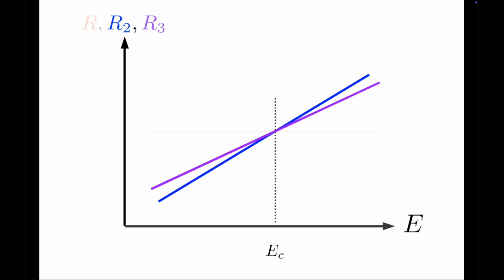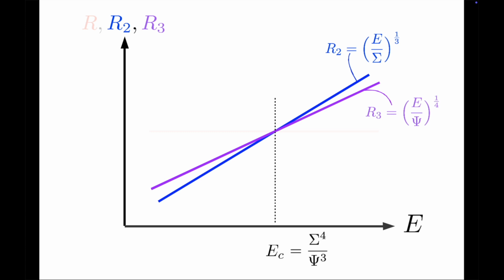If these 2 lengths follow the bare scalings, without any numerical prefactors, then they intersect at a critical energy given solely from the characteristic elasticity and weight density of the soil. We've used the subscript C for critical, but based on the way we've been using indices on this channel, we may as well use sigma and psi.